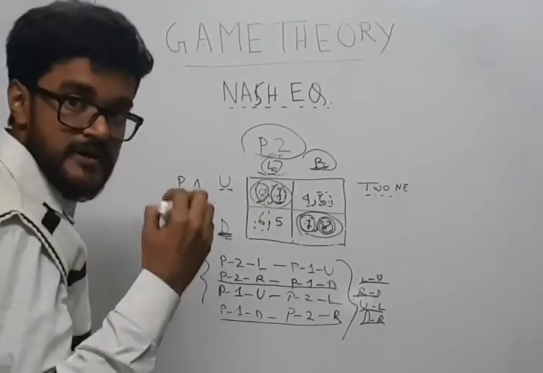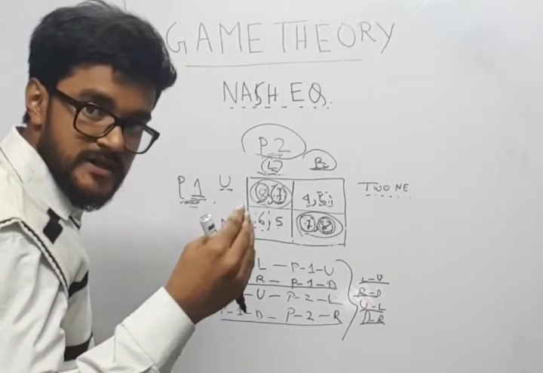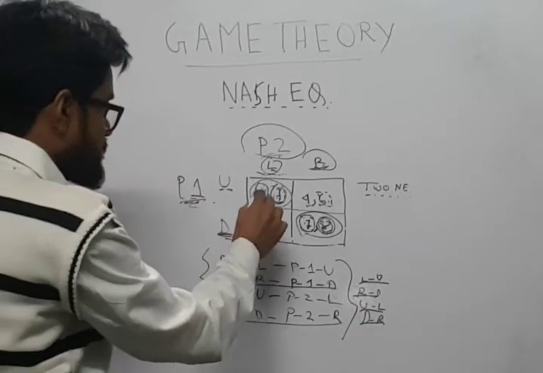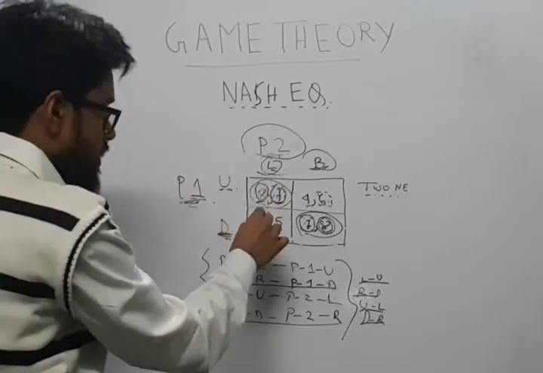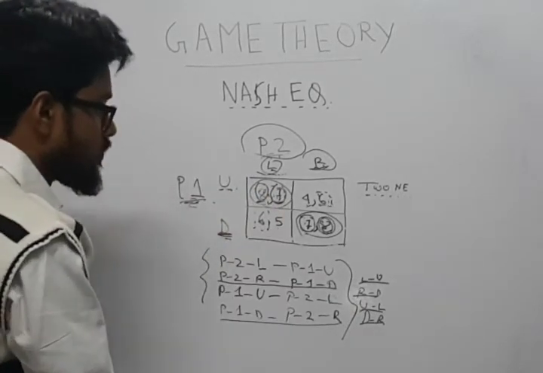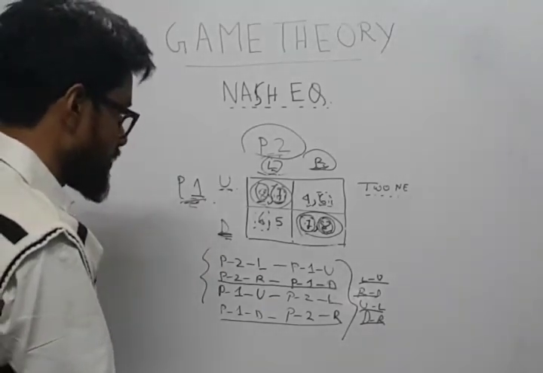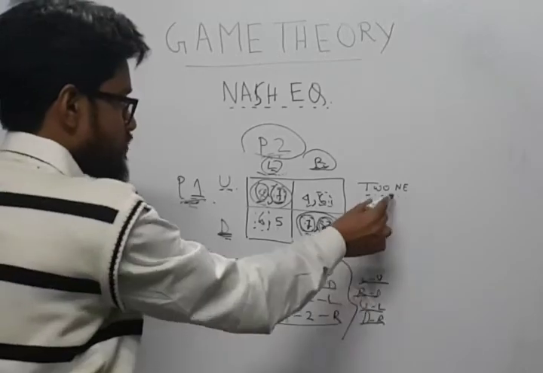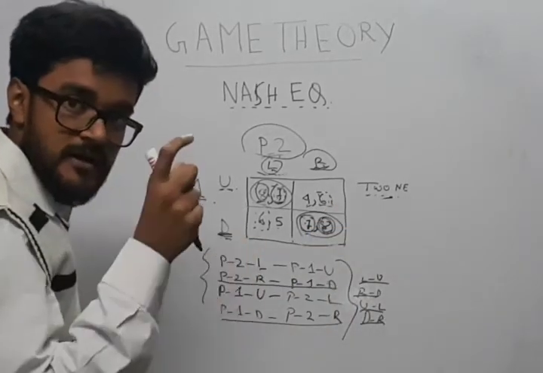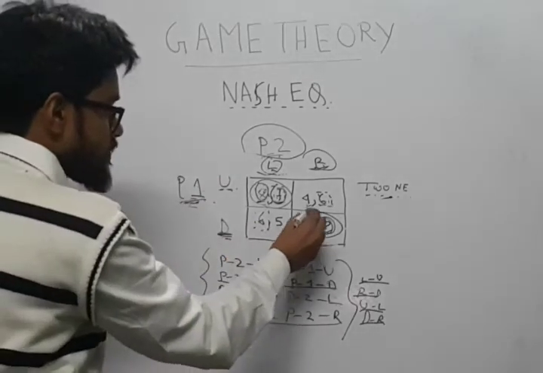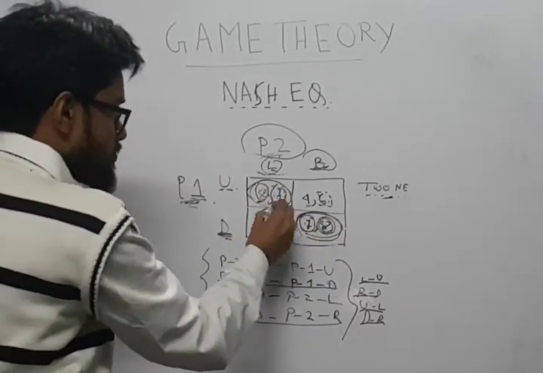And when we take player 2 to be the first one who plays the game and player 1 makes the second choice, we say that these two are the ones which we will compare. So in this way, we can find the Nash equilibrium. What is Nash equilibrium? A strategy from where no player wants to deviate. In this case, we have found two Nash equilibriums.